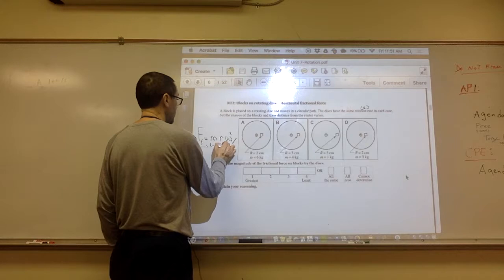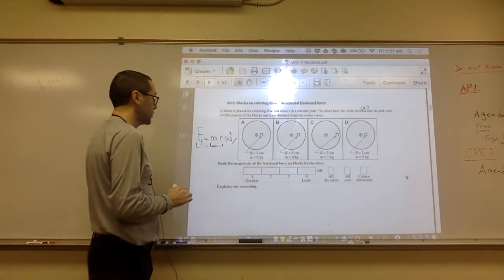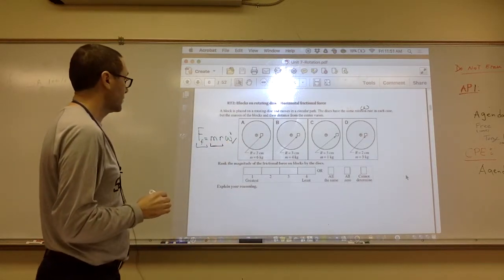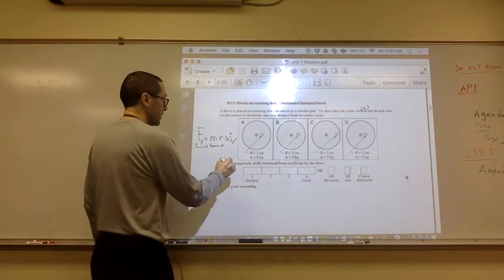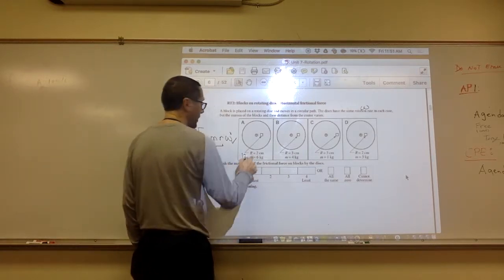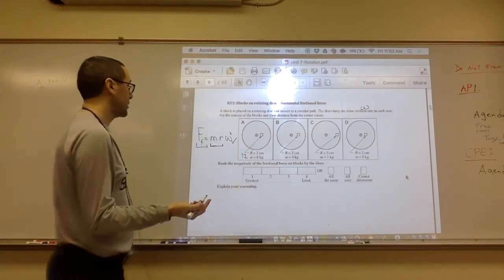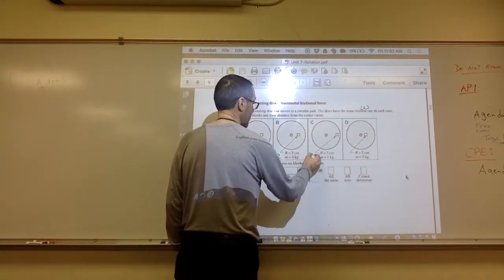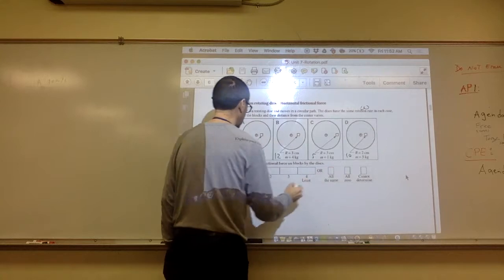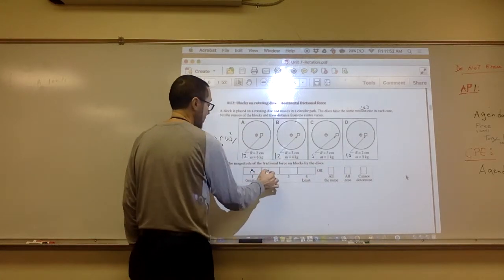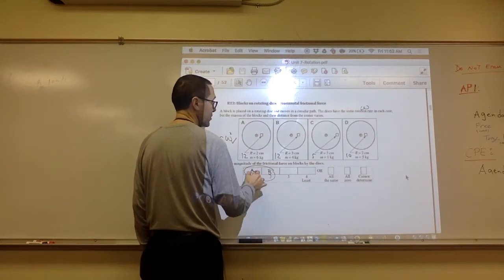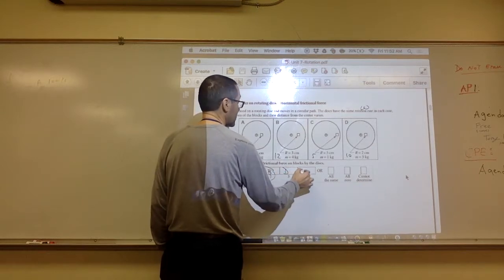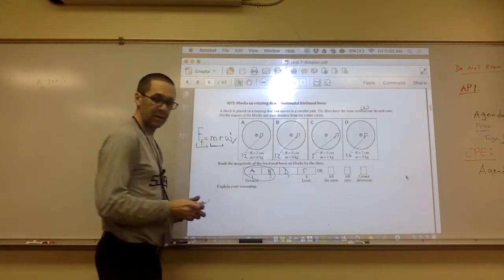So all I have to do to rank the force of friction is to rank the product of m and r. So m times r is 12 in here. And I don't have to change r to meters because I'm just comparing. So this is also going to be 12, this is going to be a 5, and this is going to be a 10. So it should be A and B tied for first place. D comes next, and C comes last.